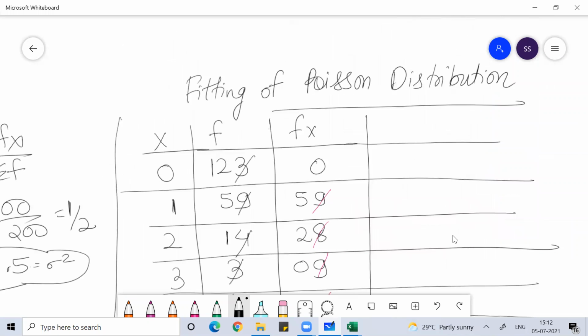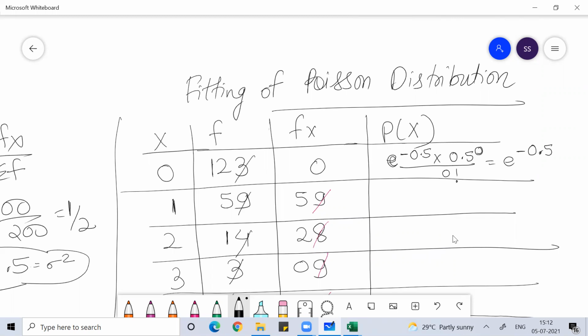The first thing you need to do, the same thing we did in binomial distribution also, is find the probability distribution. For that we're going to use the formula e to the power minus m into m to the power r by r factorial, where m is 0.5. For r equal to 0, this is e to the power minus 0.5.